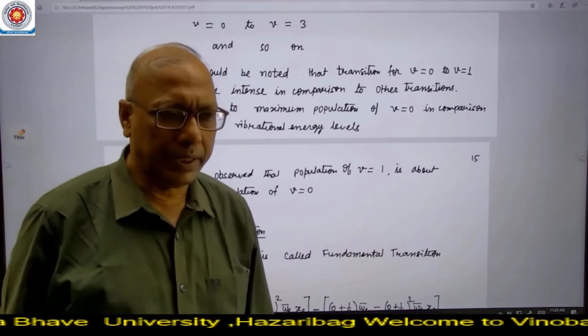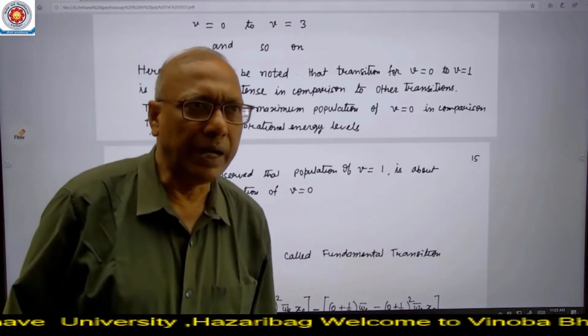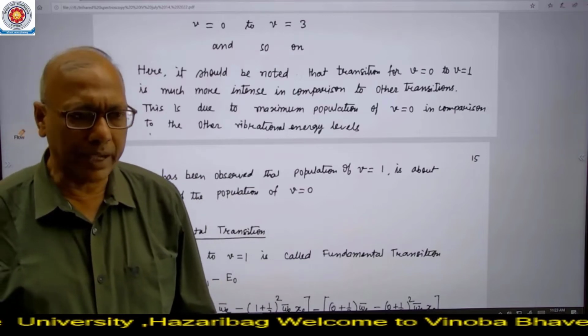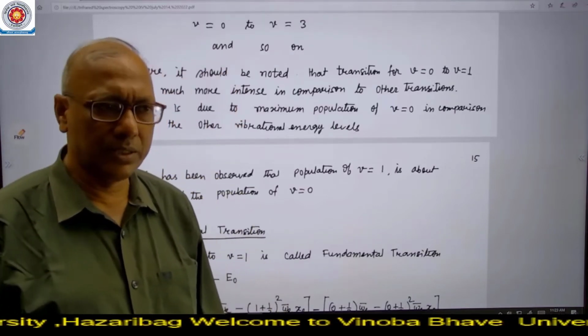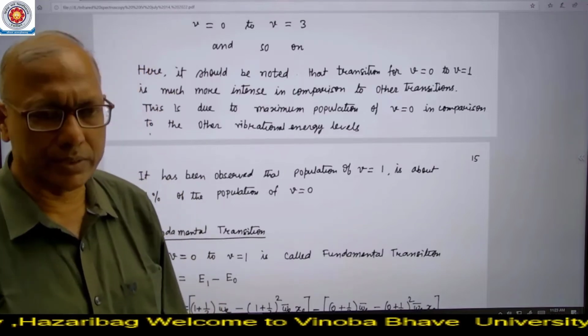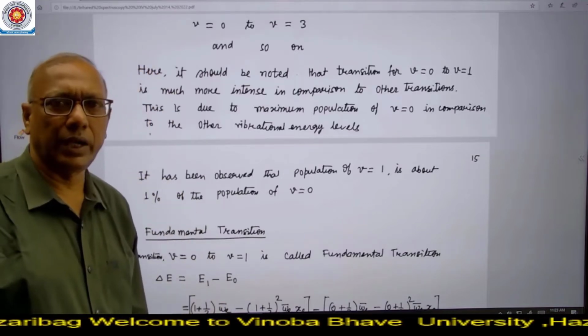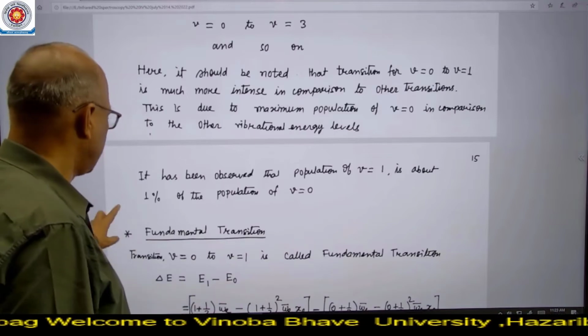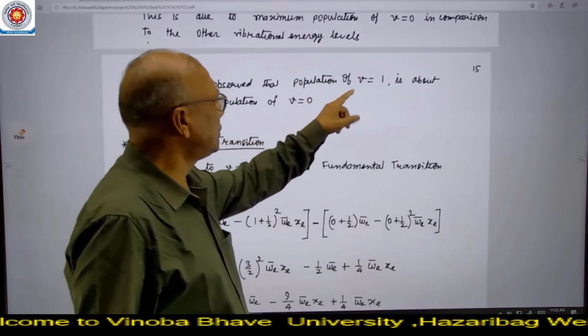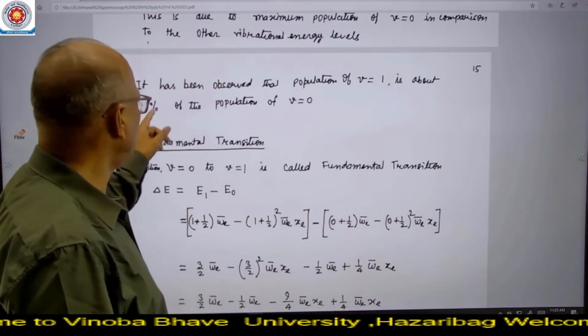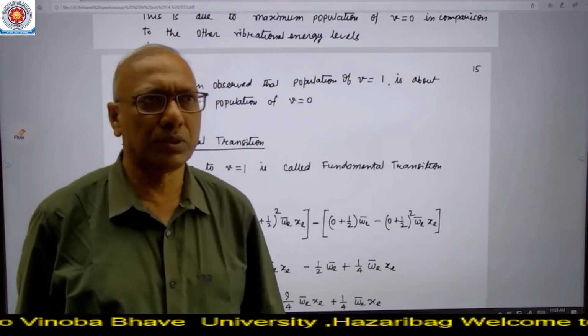Because we know that in the ground state, the particles are in maximum population, and therefore the transition which occurs is maximum in number, and hence the intensity of the line in the spectrum is maximum. It has been observed that the population of V equal to 1 is about 1% of the population of V equal to 0.